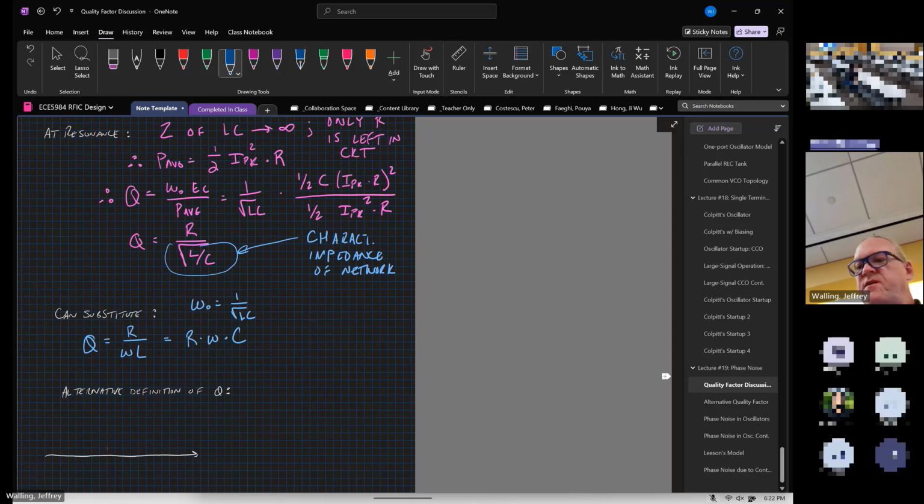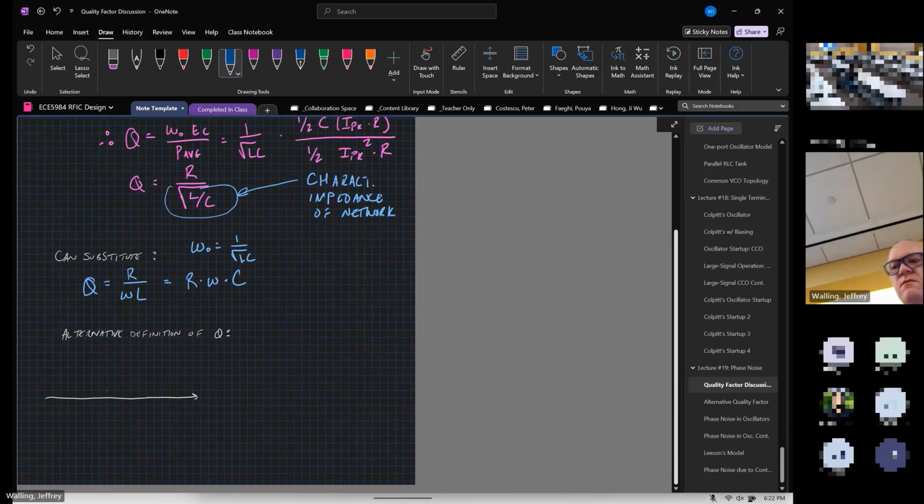There are a couple of alternative definitions of Q we're going to look at. One is one that we've used already, the sharpness of the frequency response, of the amplitude response in particular. If we've looked at a purely resonant tank before, we know that it might have a shape like this.